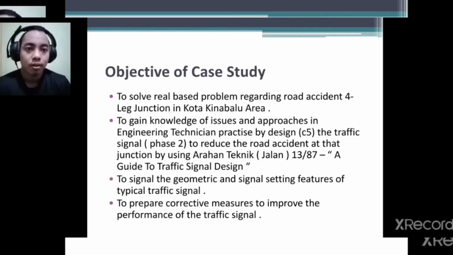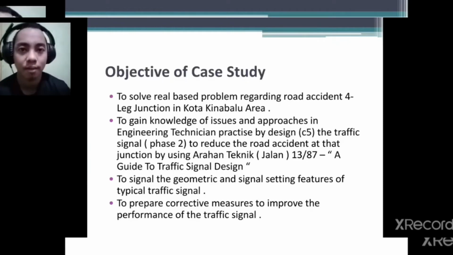To gain knowledge of the issue and a process in engineering technician practice by designing the two-phase traffic signal to reduce road accidents at the junction, using Arahan Teknik Jalan to signal the geometric and signal setting features of a typical traffic signal, and lastly, to prepare corrective measures to improve the performance of the traffic signal.